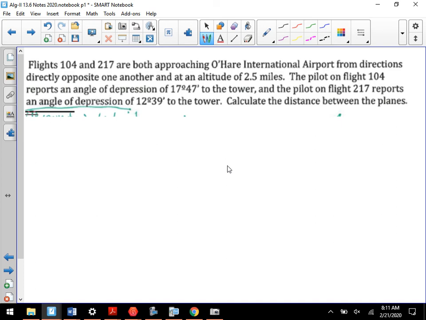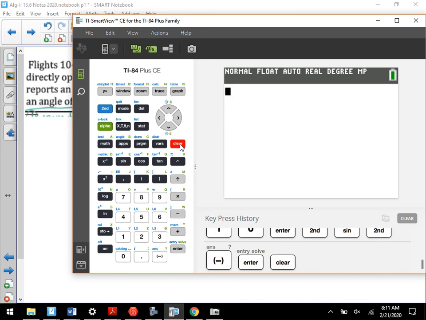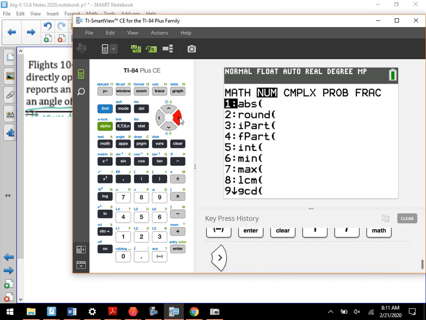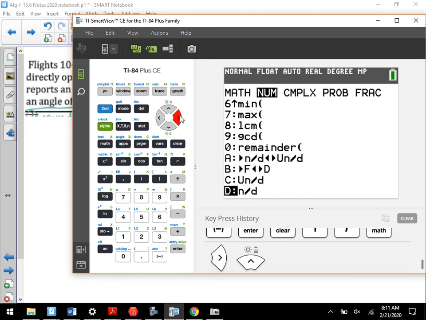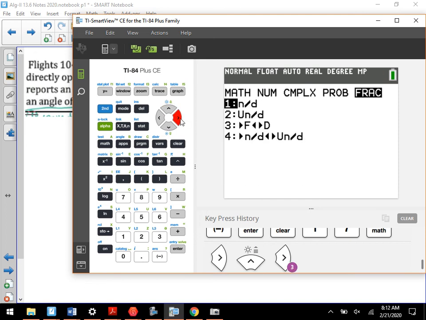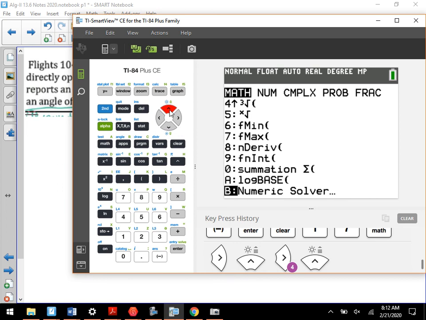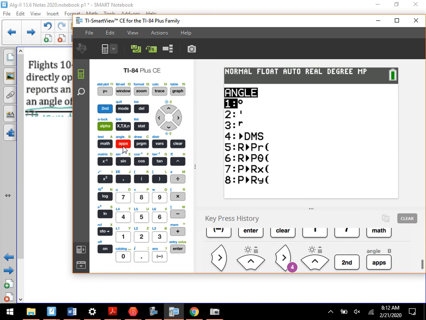On the calculator, you hit 17, then second angle, which is the apps button.